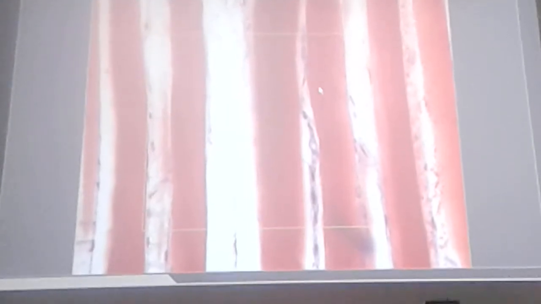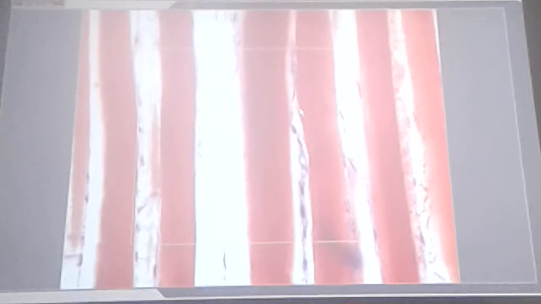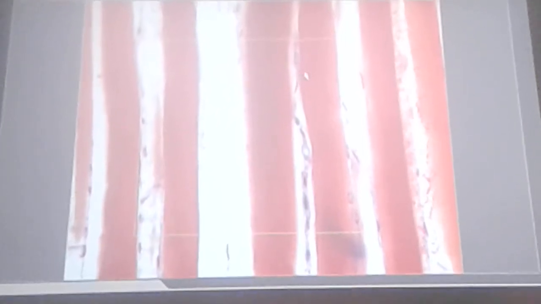Very carefully, you can see the transverse striations like this, okay? These are dark A bands and light I bands. So you can see the striations like here. And this is one striated muscle fiber.